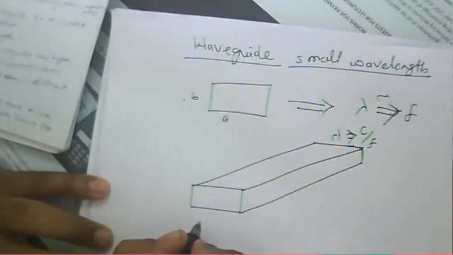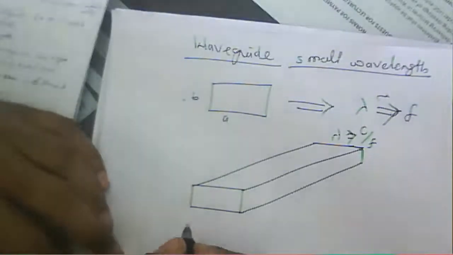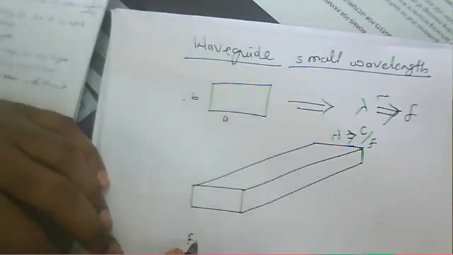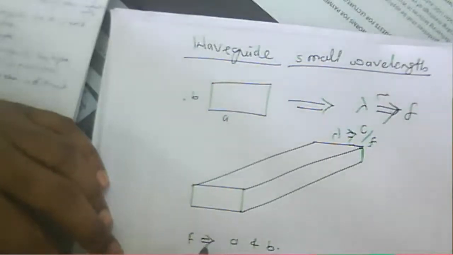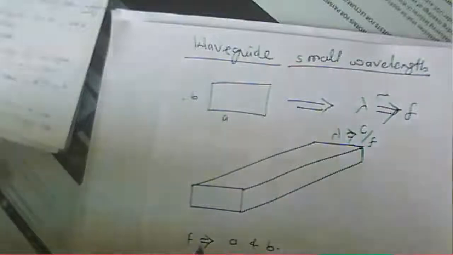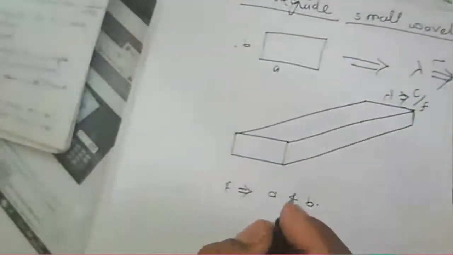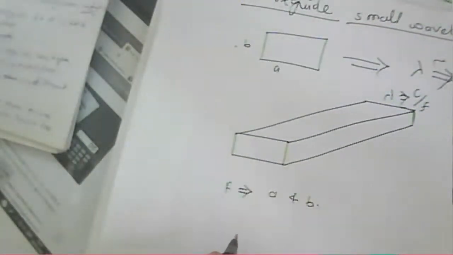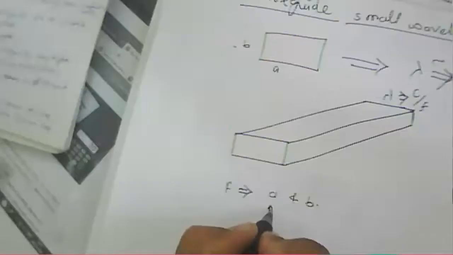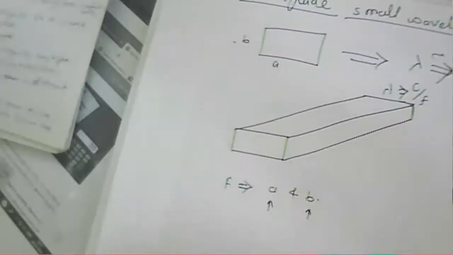So for every waveguide, the frequency depends upon the size of the waveguide, that is A and B. So when we are talking about a given waveguide, what is the value of A and the value of B?